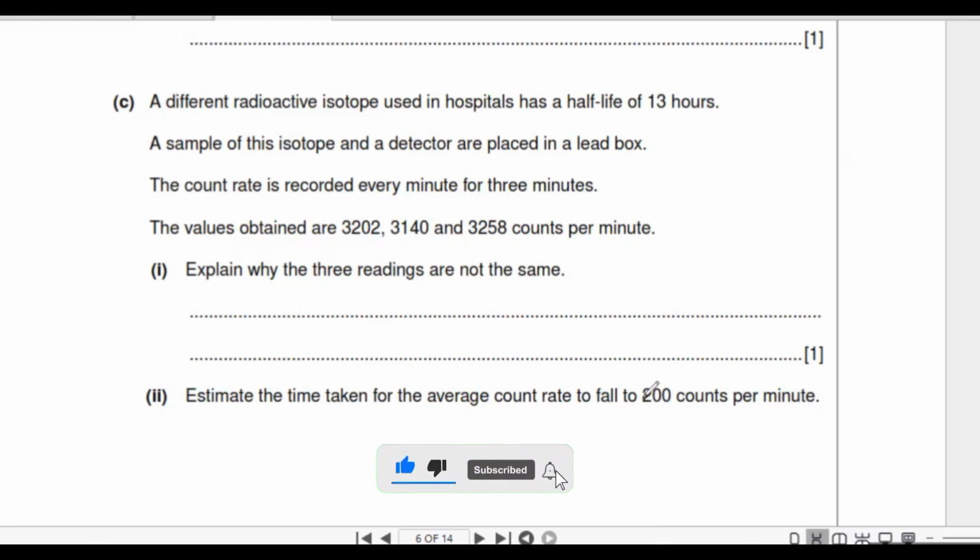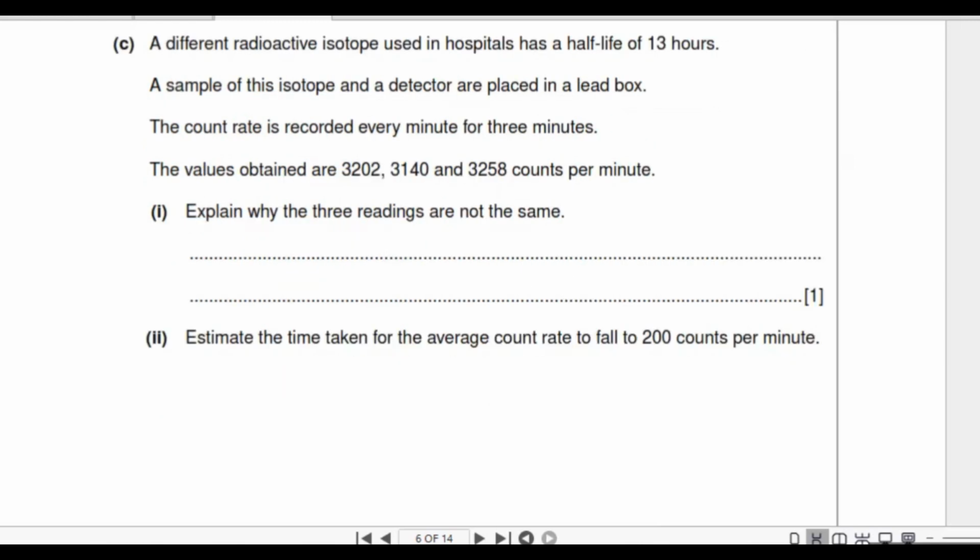Actually, what you will do first is take an average of these. Add all three, divide by 3.